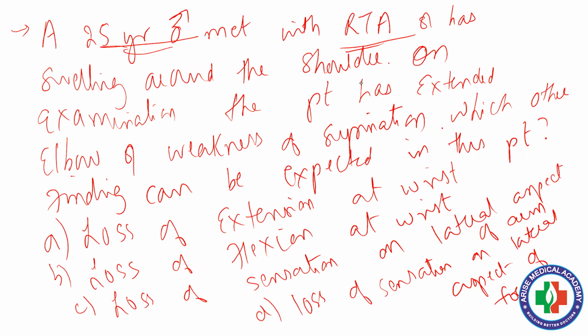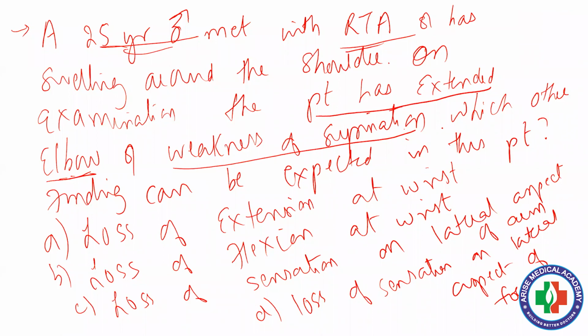So please understand, first looking at the question, we understand that the patient has extended elbow, means the patient is having problem in flexion, right? So all the flexors of the elbow, that is biceps and brachialis, they are supplied by musculocutaneous nerve. And he's also saying there is weakness of supination, and we know that biceps brachii is an important supinator. So here there is damage to biceps or the nerve supplying biceps, that is the musculocutaneous nerve is damaged.